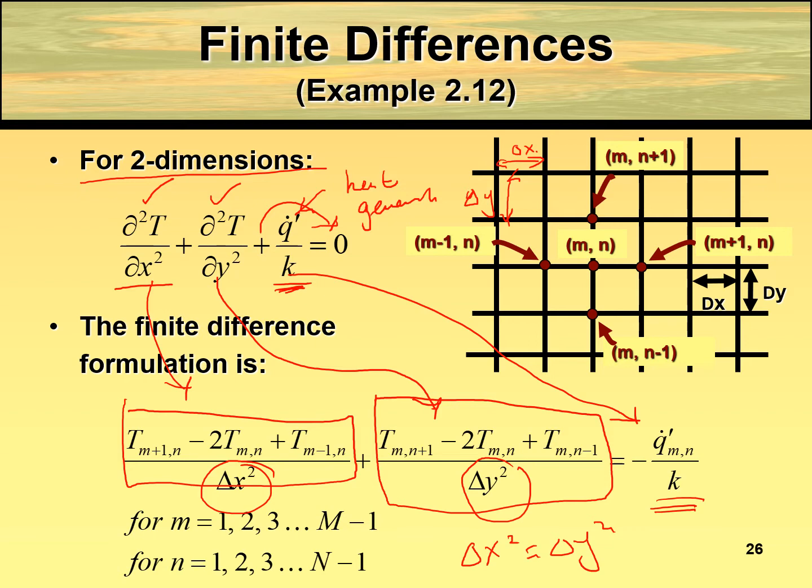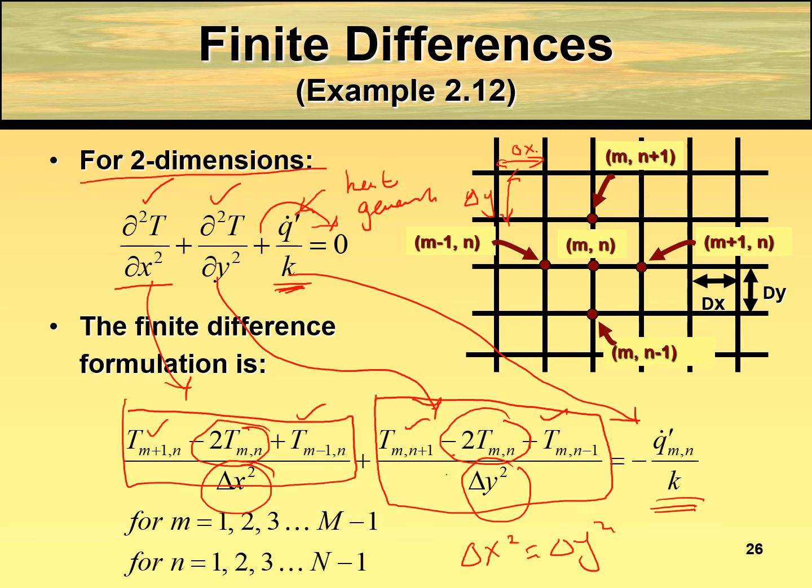Because these two are the same, you can add all these terms in. So this stays on its own, this stays on its own. But if you notice, this is negative 2T_mn, and this is negative 2T_mn. You can add them up and it becomes negative 4T_mn.